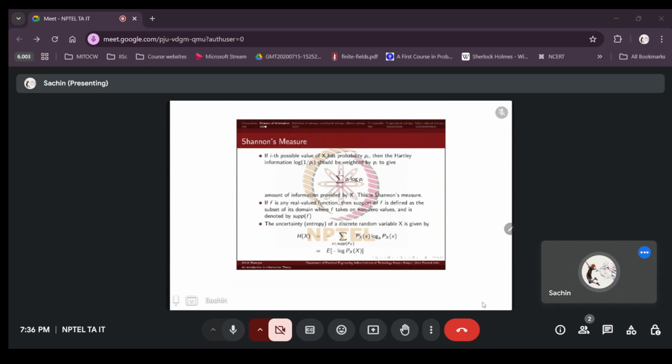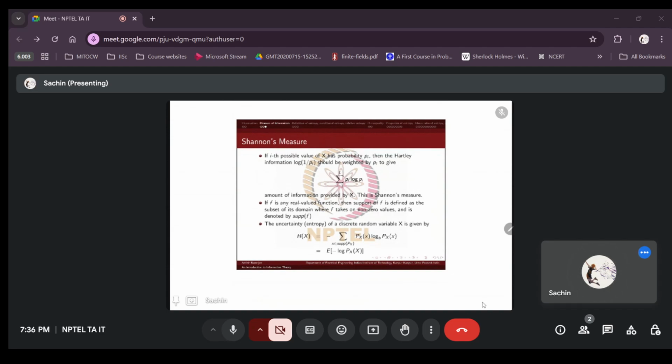Now, since pi can also be 0, and log 0 is not defined, we only sum over non-zero values of probability. So for that, we define the support of f to be the subset of its domain where it takes non-zero values.